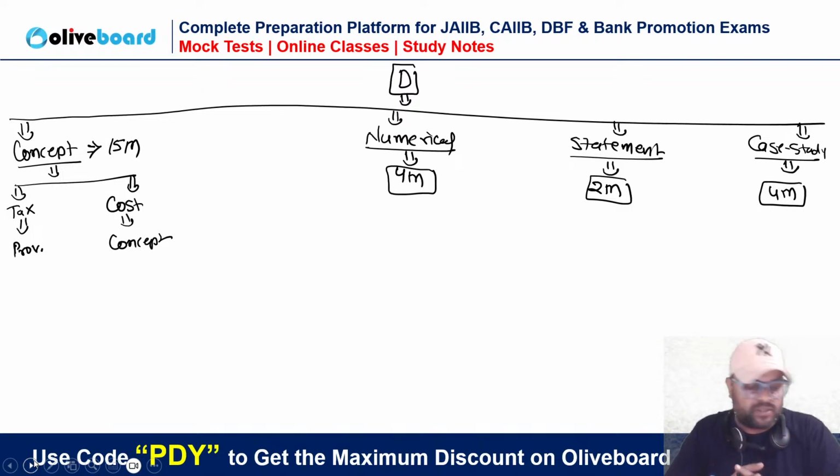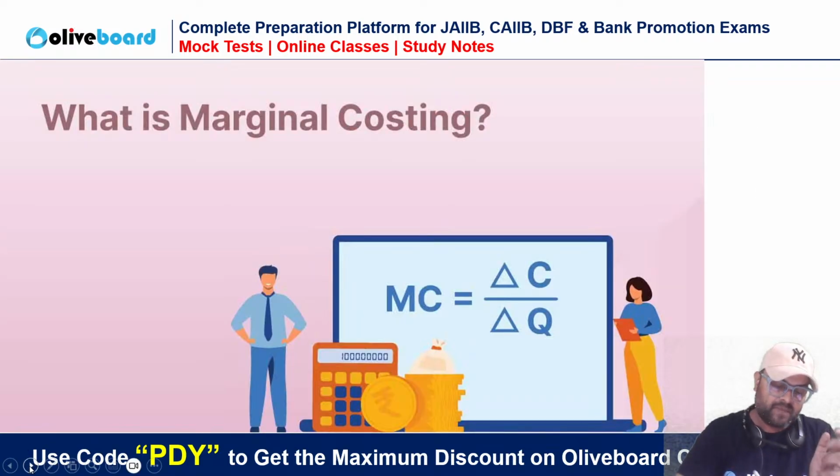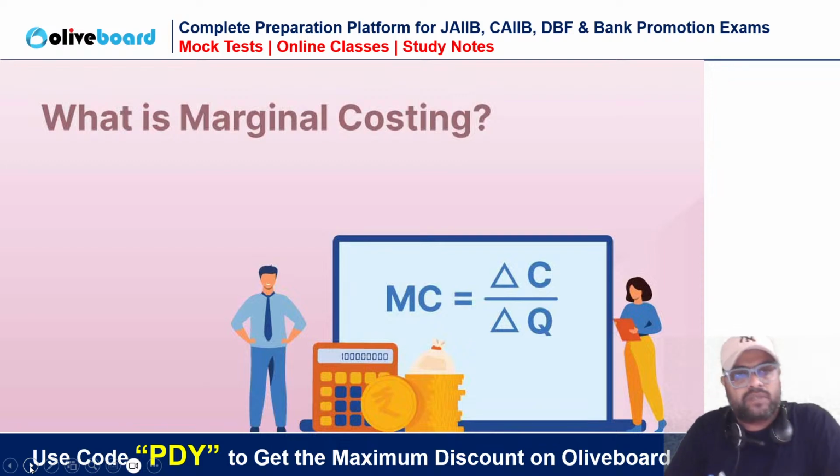Numericals out of this module D will be of around 4 marks, statement based questions will be around 2 marks, and case study based questions will be around 4 marks. So module D has a mixture of concept, numerical, statement and case study based types of questions. Because we are talking about a module D topic today, I have just given you a brief idea about the classification of module D itself. Let's talk about marginal costing.